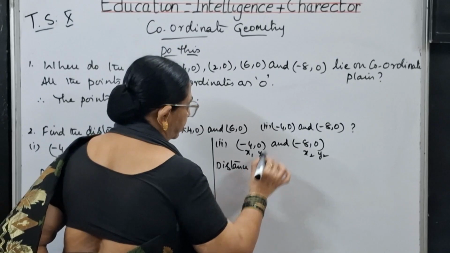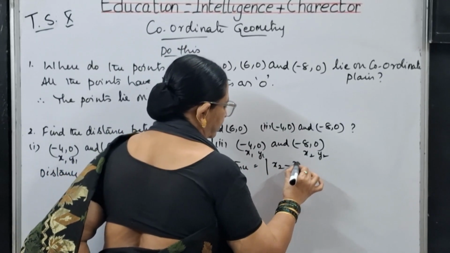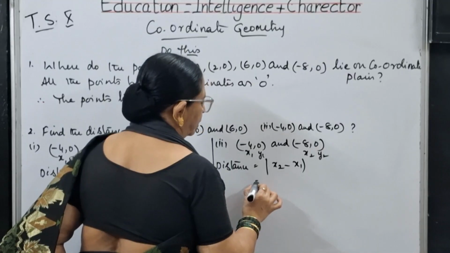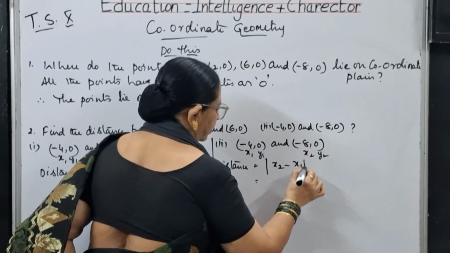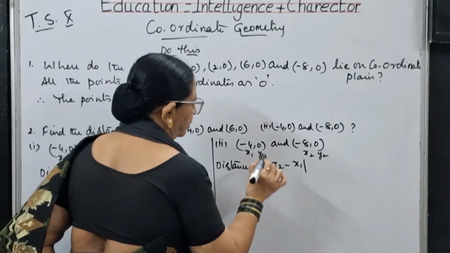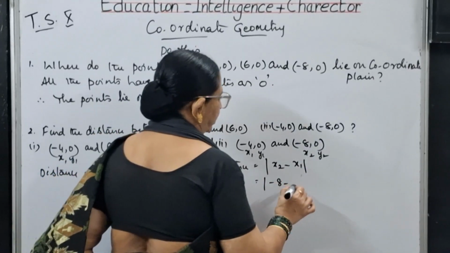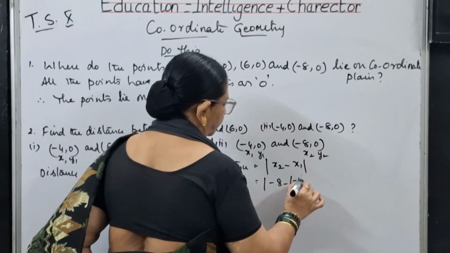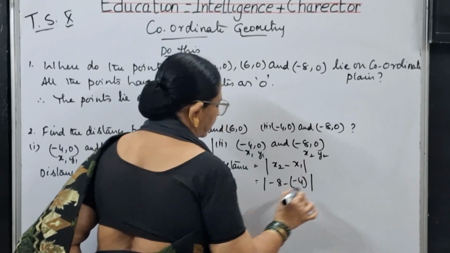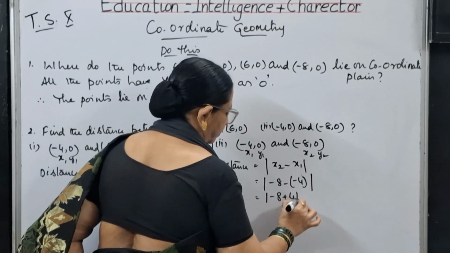The distance formula in this case is modulus x2 minus x1. So here modulus x2 is minus 8, minus x1 is minus 4. Okay, that means modulus minus 8 plus 4.